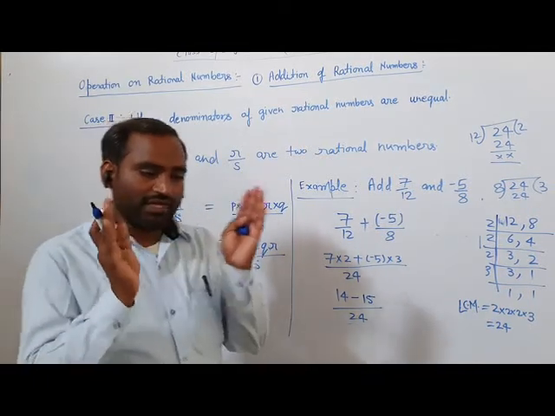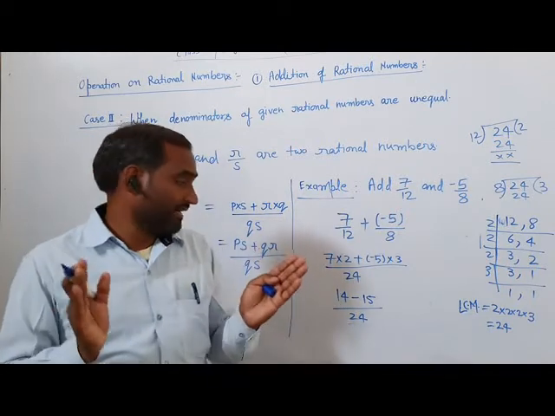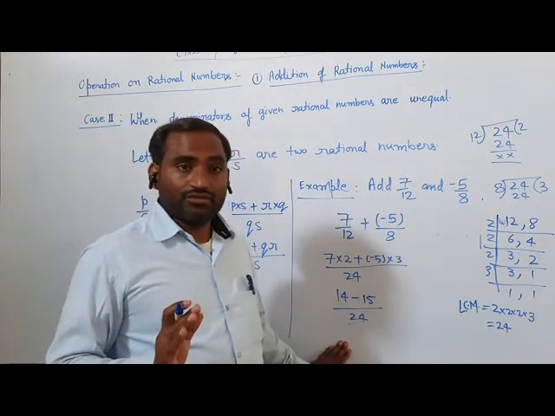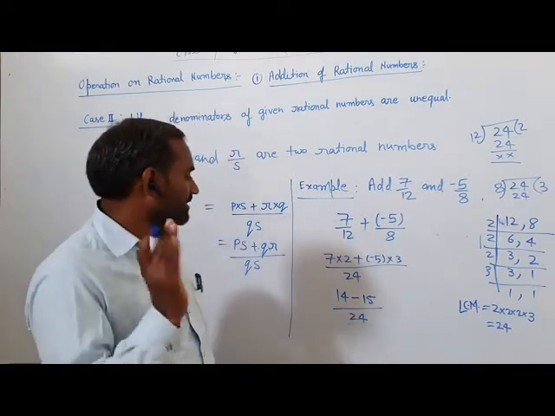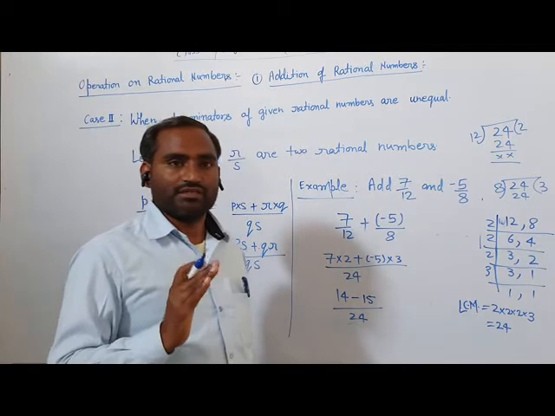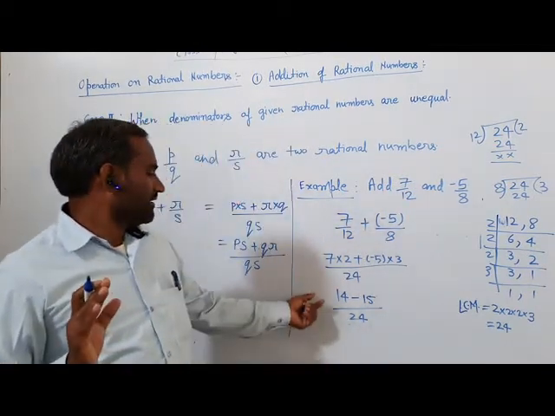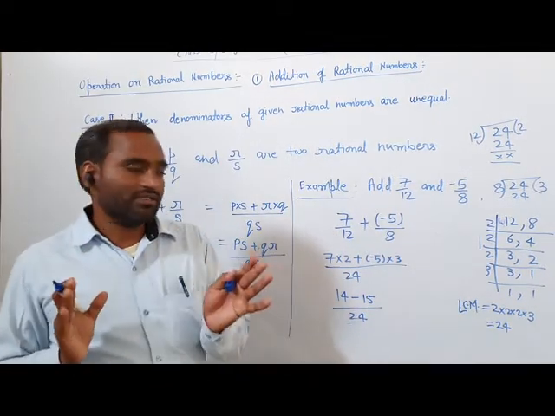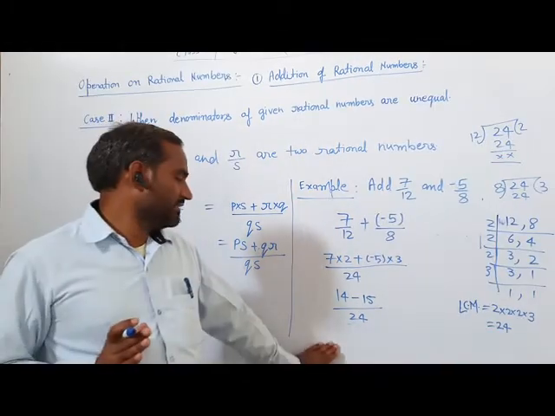When we add two rational numbers and the signs are different, in addition we write the sign of the larger number.